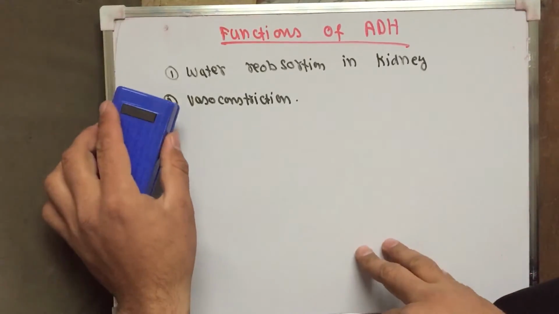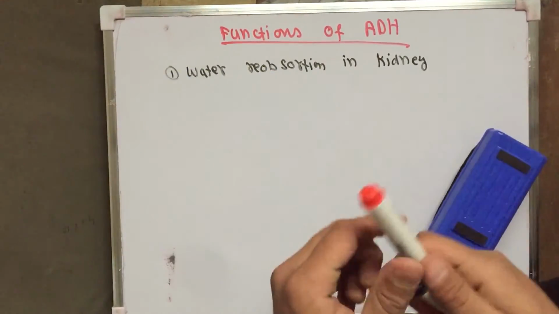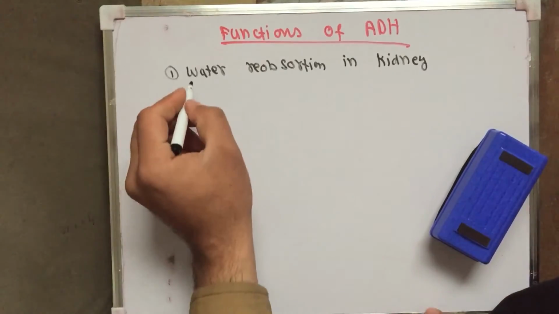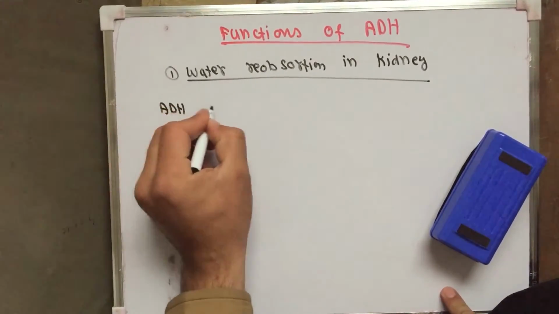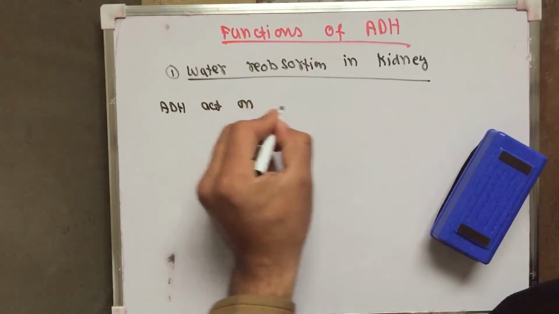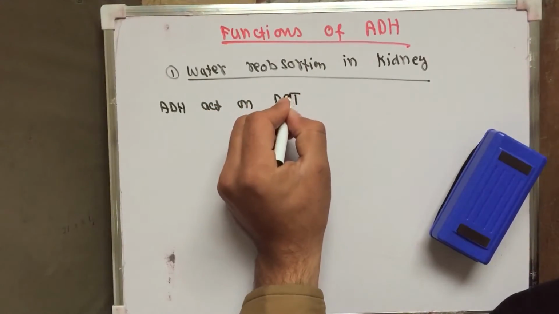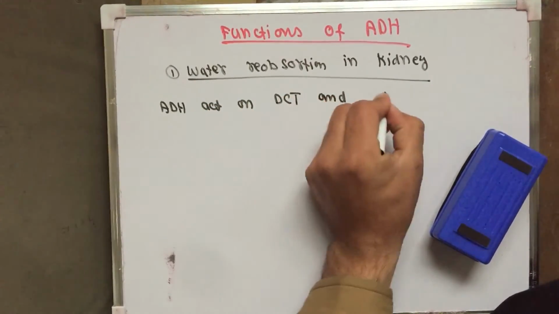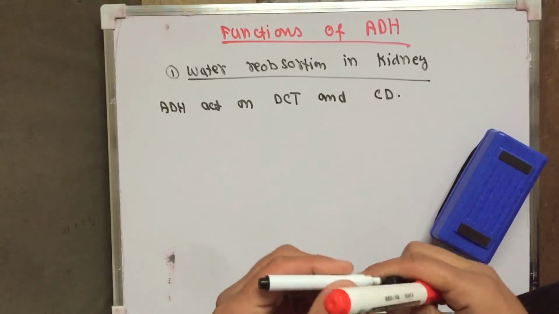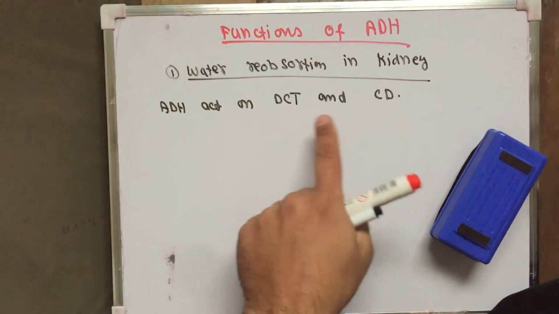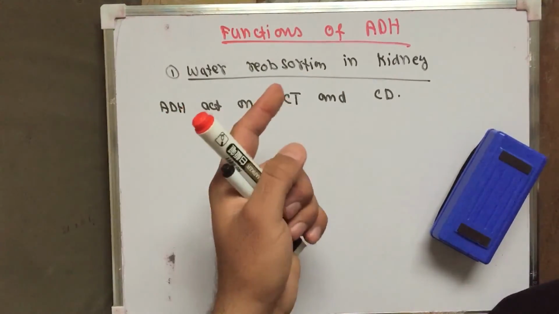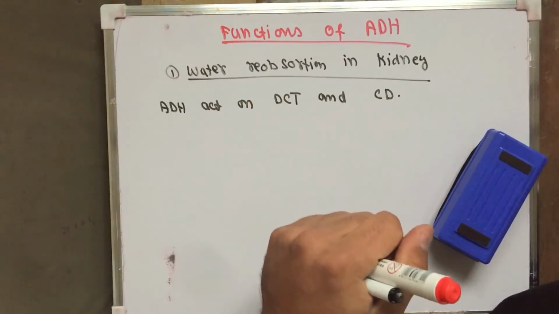So number one function is reabsorption in the kidney. ADH acts on the distal convoluted tubule and collecting duct. Mainly and mostly these two parts are under the action of antidiuretic hormone.